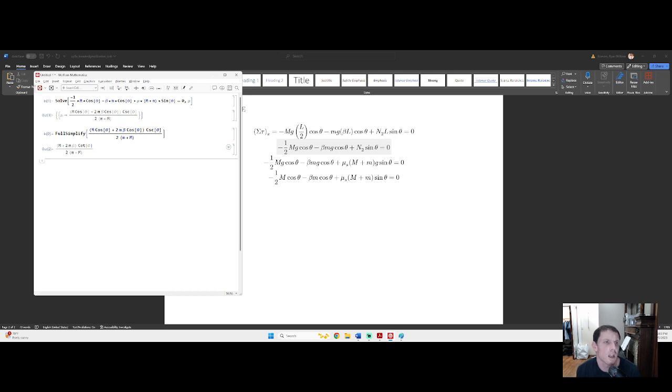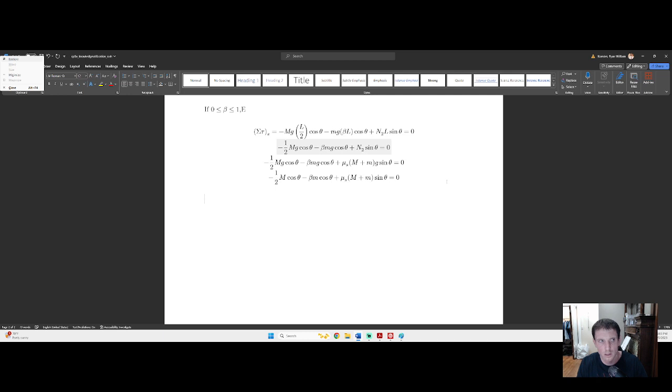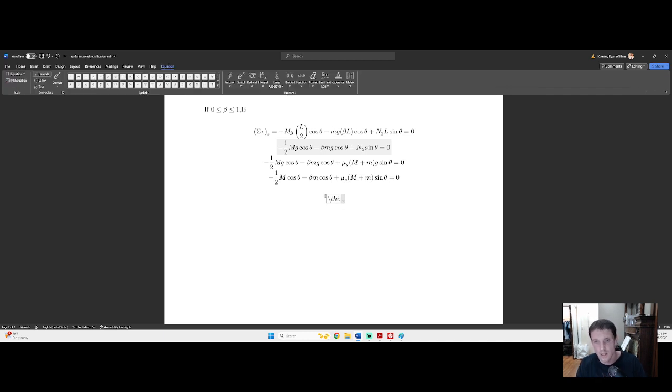Somehow... Oh, I see it, yeah. So cosecant of theta is 1 over sine theta, so it is able to put all of that in terms of cotangent of theta. So what we find, I'm just going to drag this over here, is that this coefficient, not u, mu sub s, is equal to big M plus 2 beta M, cotangent of theta.